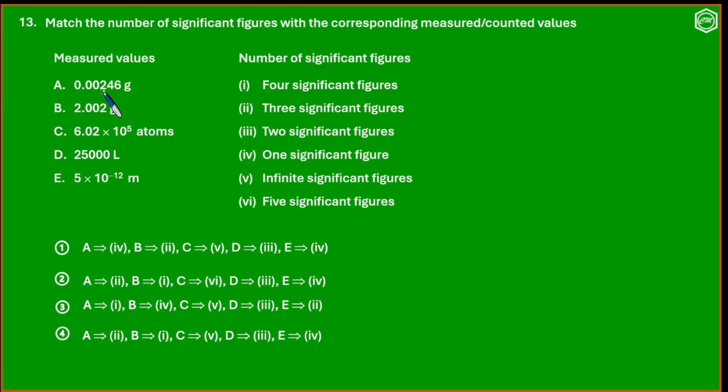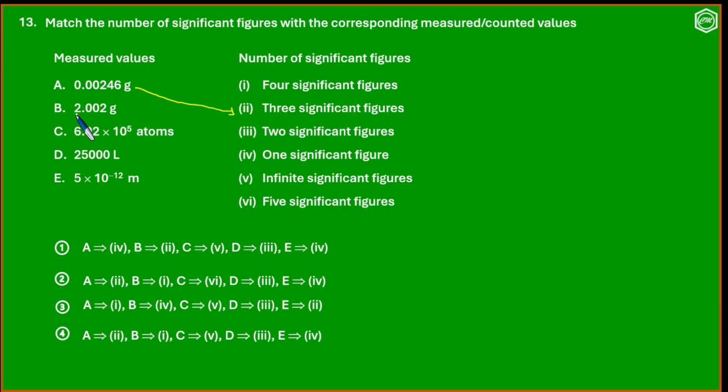Come to measured value A, 0.00246 gram. And all the three zeros are not significant. So this quantity has three significant figures. So the second option is three significant figures. So A can be connected to 2.